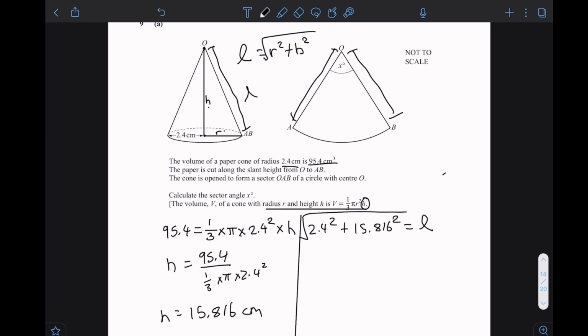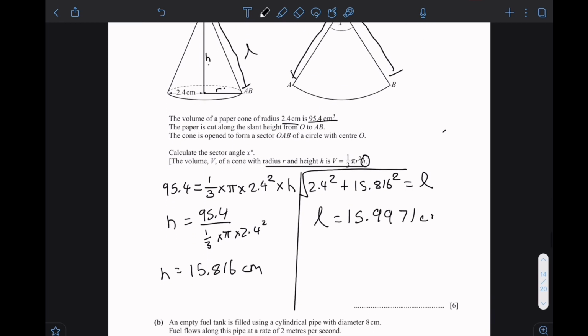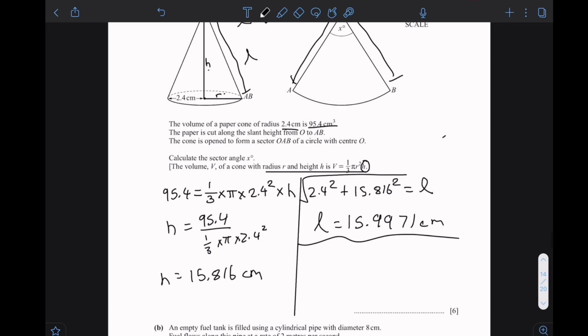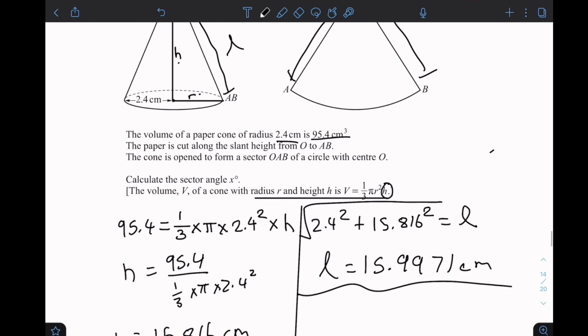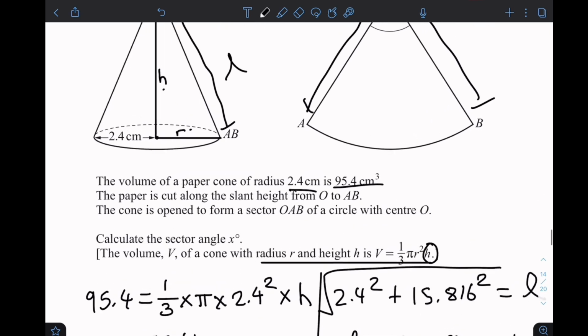Take the root of that, and L is equal to 15.9971 centimeters. Okay, so next what you can do is calculate the arc. As you can see, AB is the circumference. AB is equal to the circumference, right?